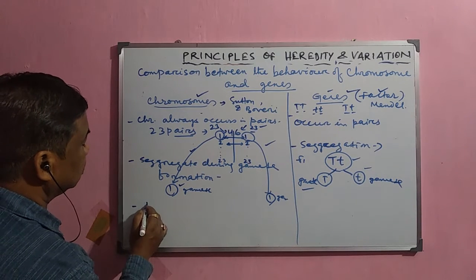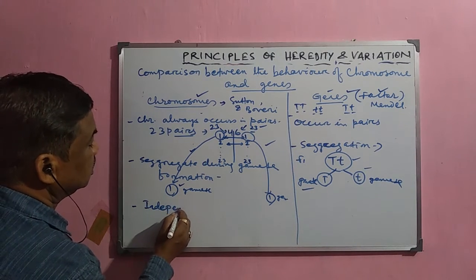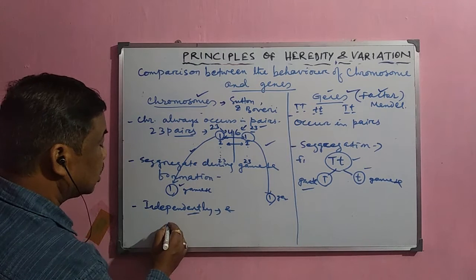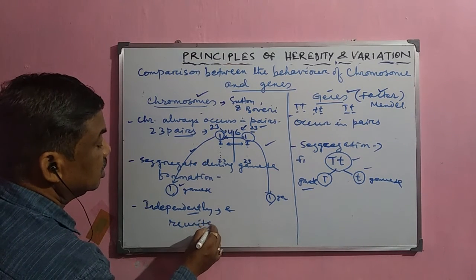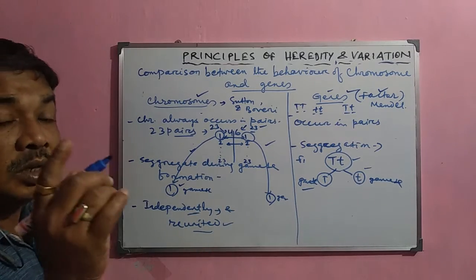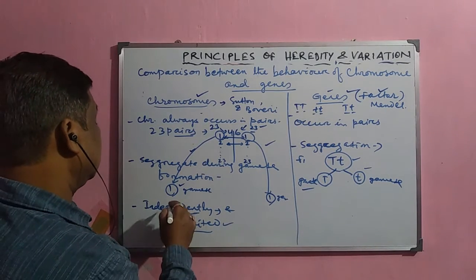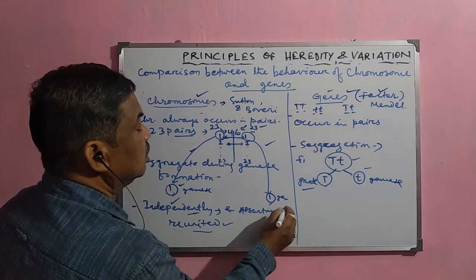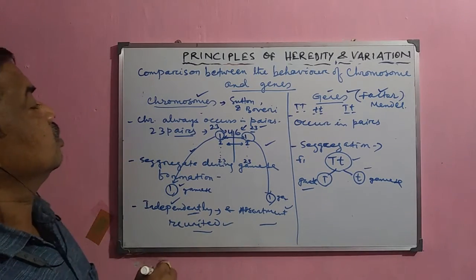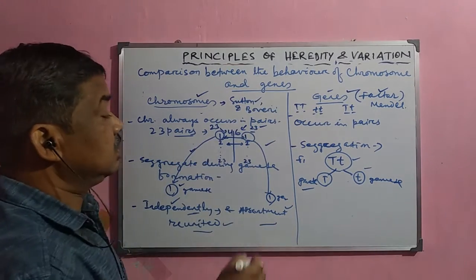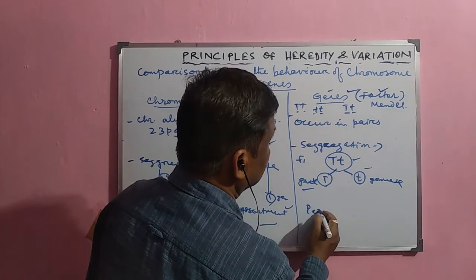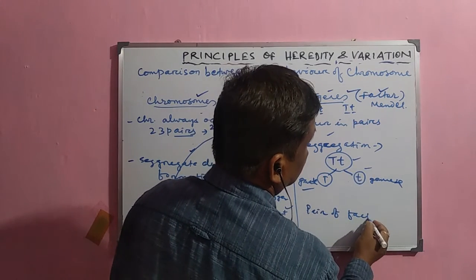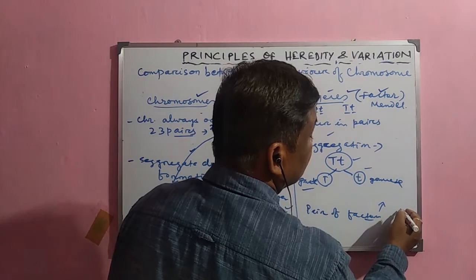Now, the third one is independent assortment. They are segregated and reunited so that the combinations always occur randomly. This random or independent assortment occurs in the chromosomal theory explained by Sutton and Boveri, and this independent assortment of pairs of genes or factors also occurs, each independent of another factor.